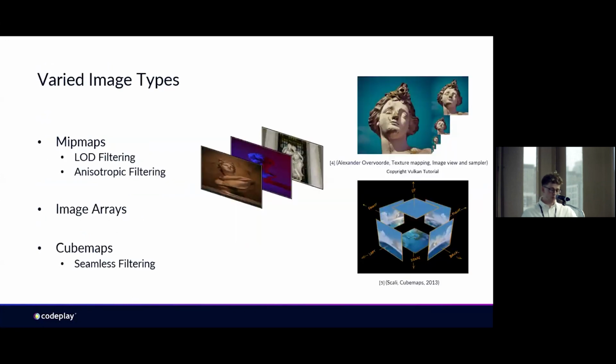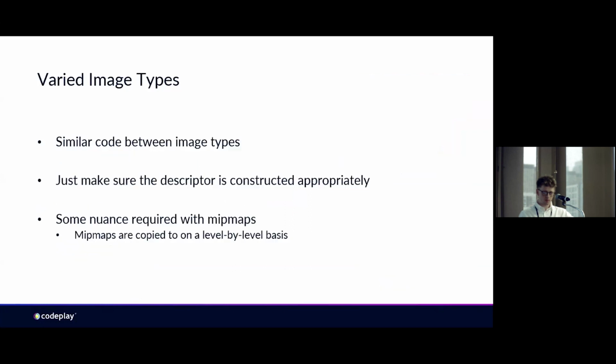And we've also been adding new image types, and I can say that with cube maps, this got merged in, I think, on Tuesday. So got it in on time for this. So we've got MIP maps, image arrays, and cube maps. The main point here about all these different image types is that the code required to make use of them is very similar between them.